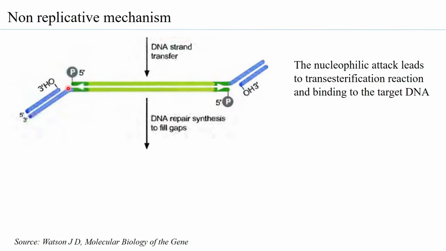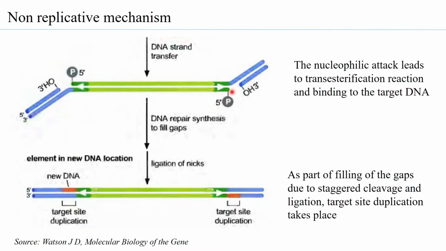However, at both the ends, because it's a staggered cut, you can see that there is a gap. So what happens is that the DNA repair system will fill up these gaps. In the process of filling up the gap, the new DNA that is formed on both ends is eventually the same site. So the sequence here and the sequence here is the same. And that's the reason why it is called the target site duplication.